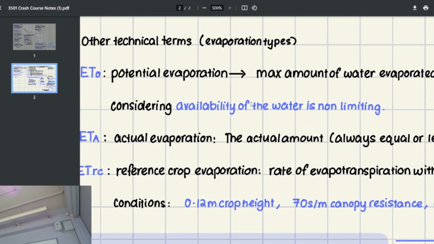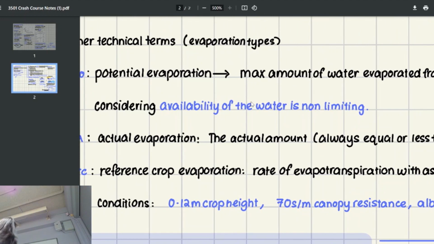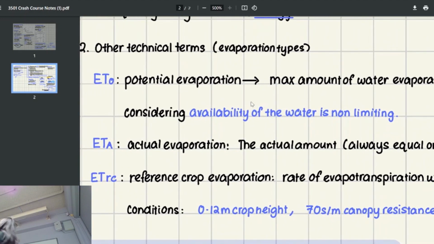Can someone think of a water body where the availability of water is non-limiting? So there's no chance that it could dry out. Yeah, the ocean, right? A really open body of water. So that's the maximum amount of water evaporated, and just remember that the non-limiting part is really important. For you to consider the potential evaporation, the availability has to be non-limiting.